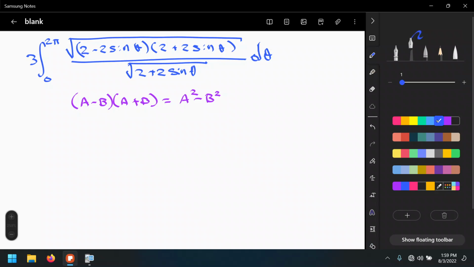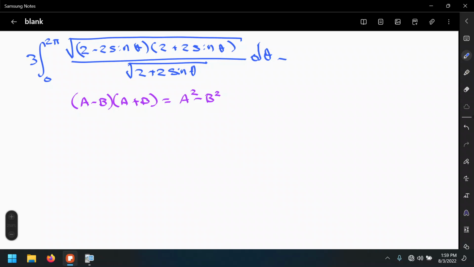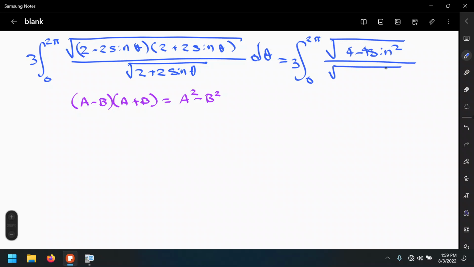We can do that instead of FOILing. That way it doesn't take too long. That's the square root of 4 minus 4 sine squared over the square root of 2 plus 2 sine theta.